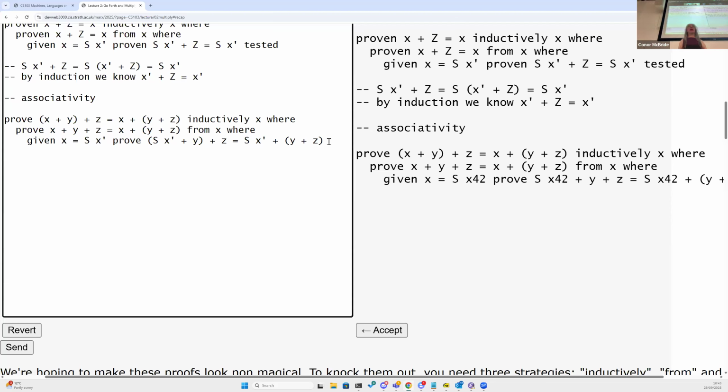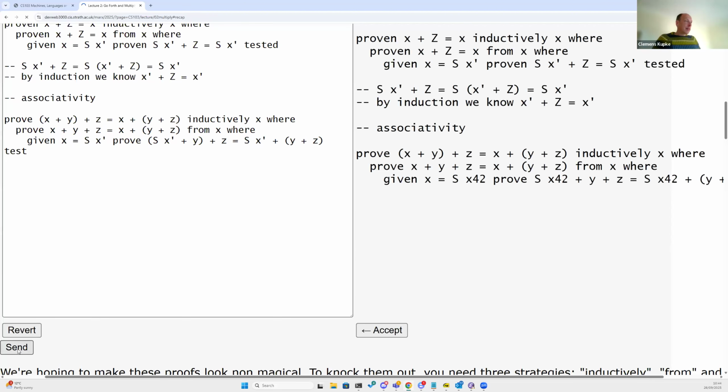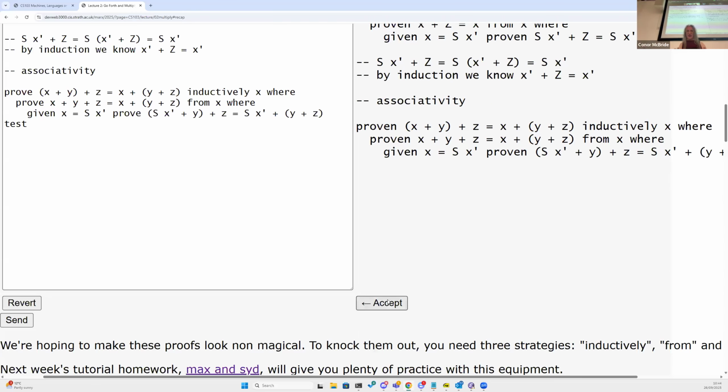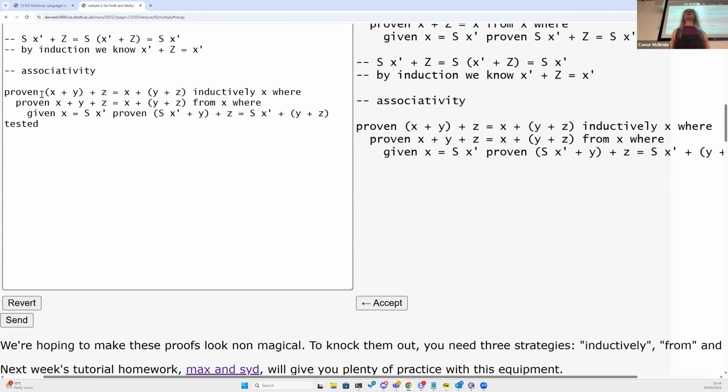Okay. So the next step is to get the computation that we wanted, and that is done with test. And once again, we are home just by arithmetic. What happens? We use the equations. The successors bubble to the front.